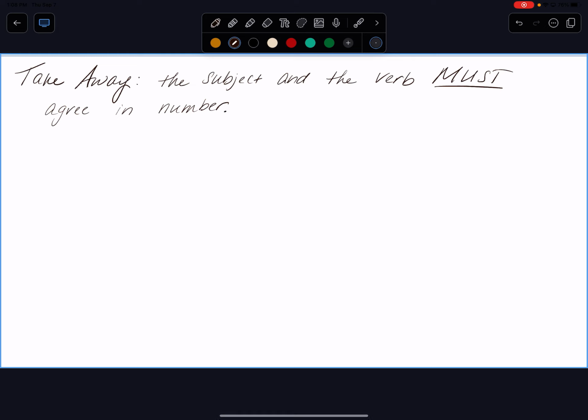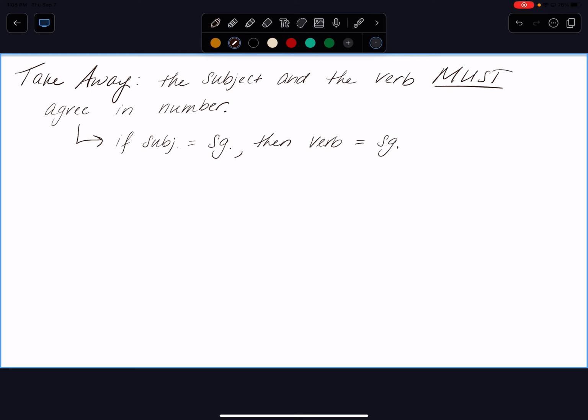Okay, so what that means is if the subject is singular, then the verb must also be singular. And the other way too.